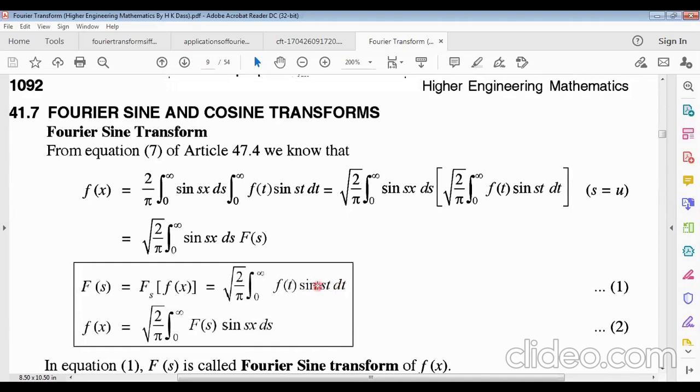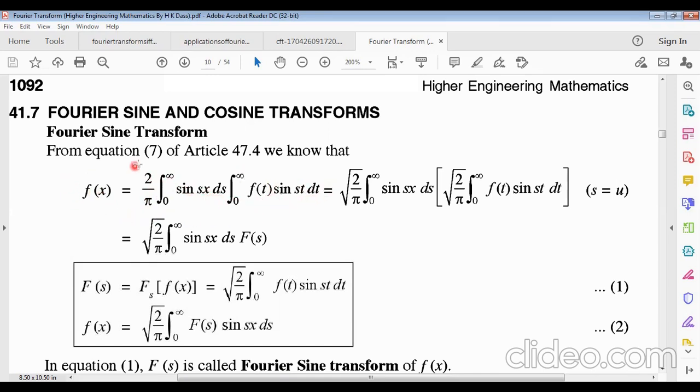Now, Fourier sine and cosine transform. What will be the Fourier sine transform and Fourier cosine transform? From equation 7, that means the Fourier sine integral, which we derived in our previous lecture, f of x equals 2 by pi, integral from 0 to infinity of sine sx ds, integral from 0 to infinity of f of t sine st dt.